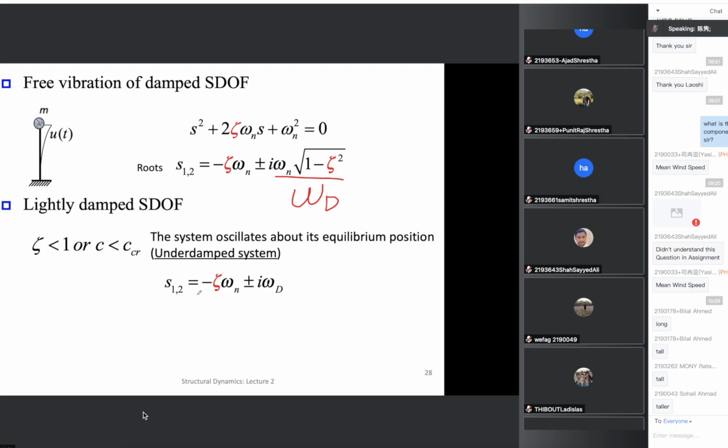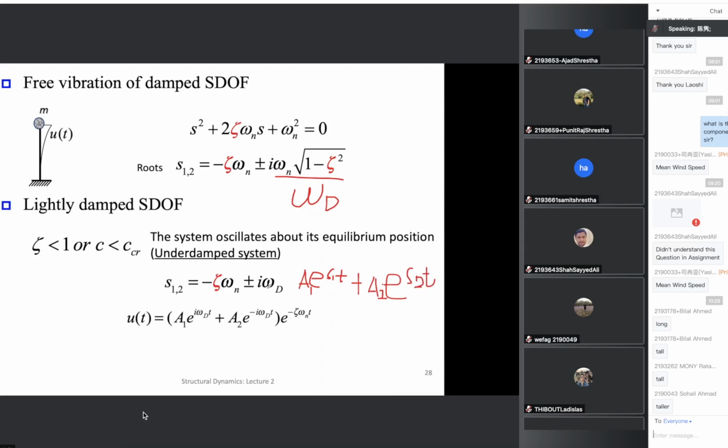So these are two different solutions. Because you have two different solutions, you can write it like this. Let me remind you, it's A1 e^(s1 t) plus A2 e^(s2 t).